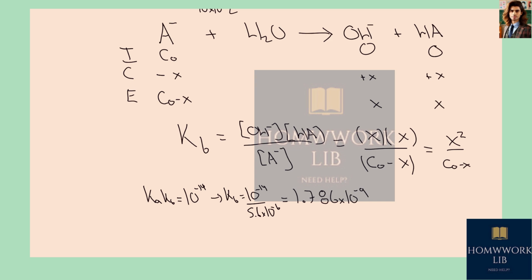So we know that the value for Kb is quite small. Since Kb is that small, that means that X is going to be very small.